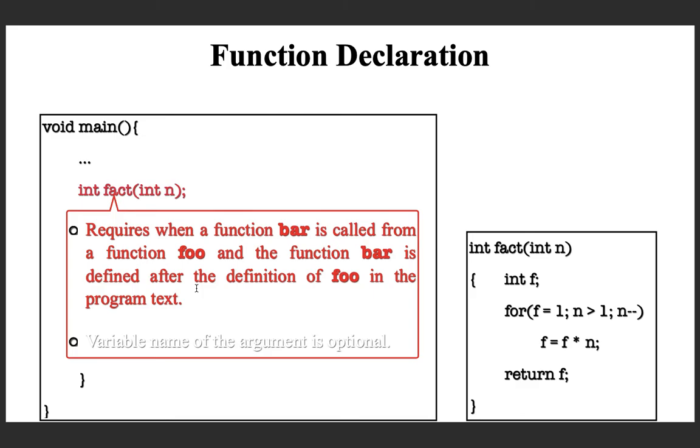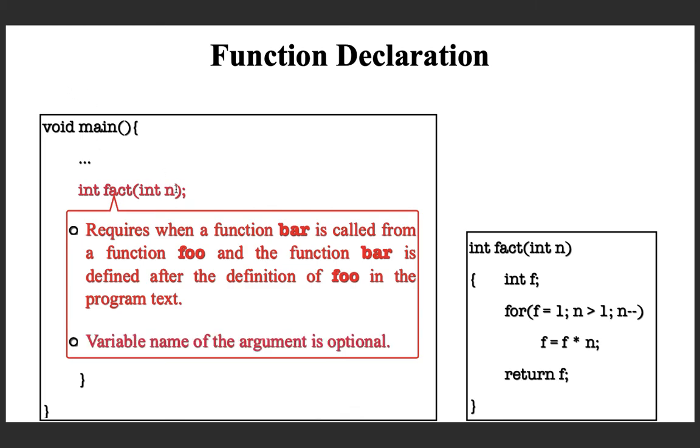Suppose you have two functions, bar and foo, and foo is calling bar, but you don't need a declaration if bar is defined before foo in the text. Otherwise, you need it. I hope you're getting it. Otherwise, please read it offline and think about it.